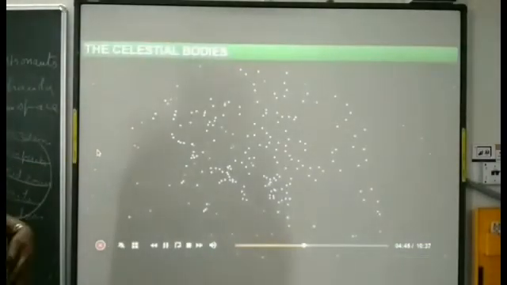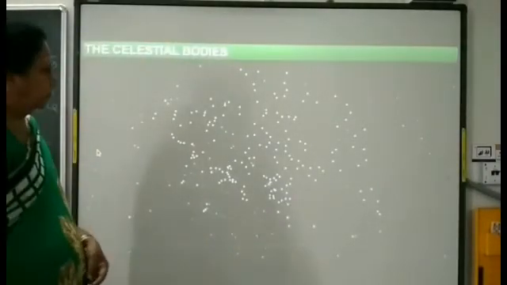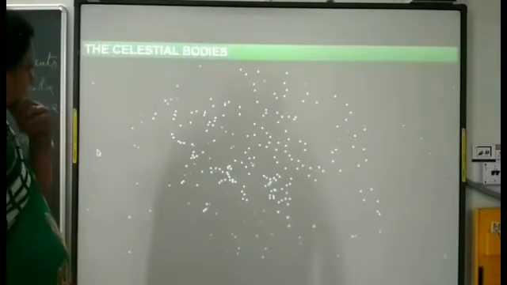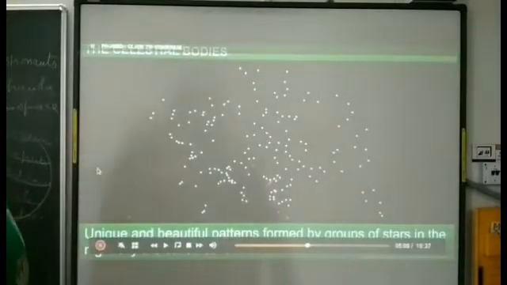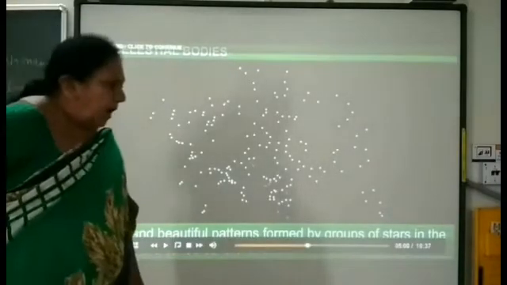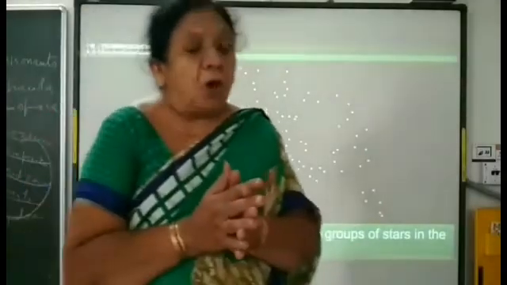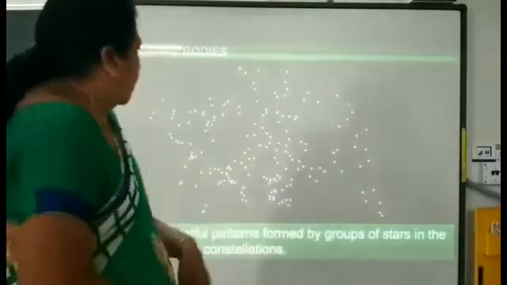People have been observing stars in the night sky for many decades. It was observed that different groups of stars formed unique and beautiful patterns. Some groups of stars are called constellations.